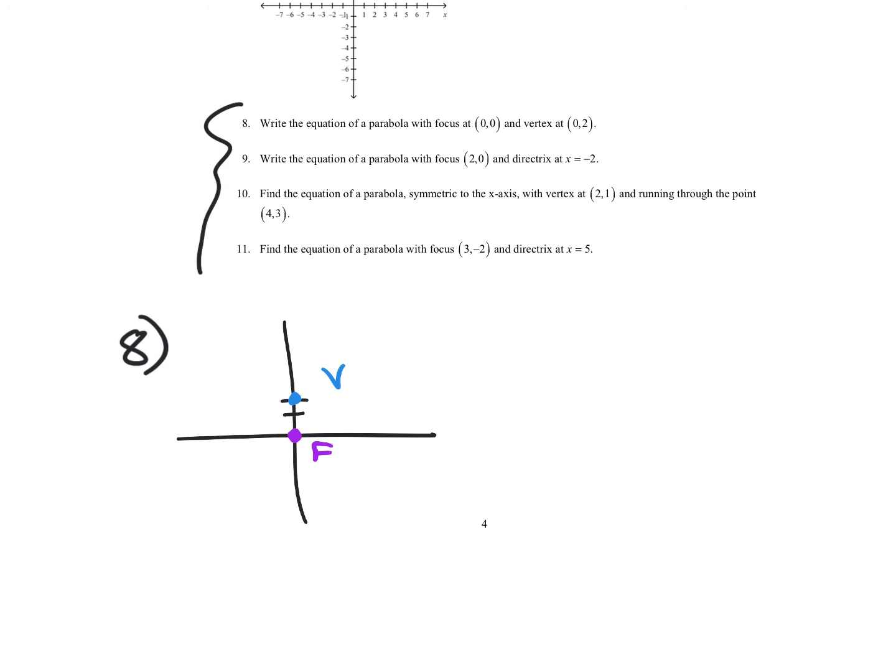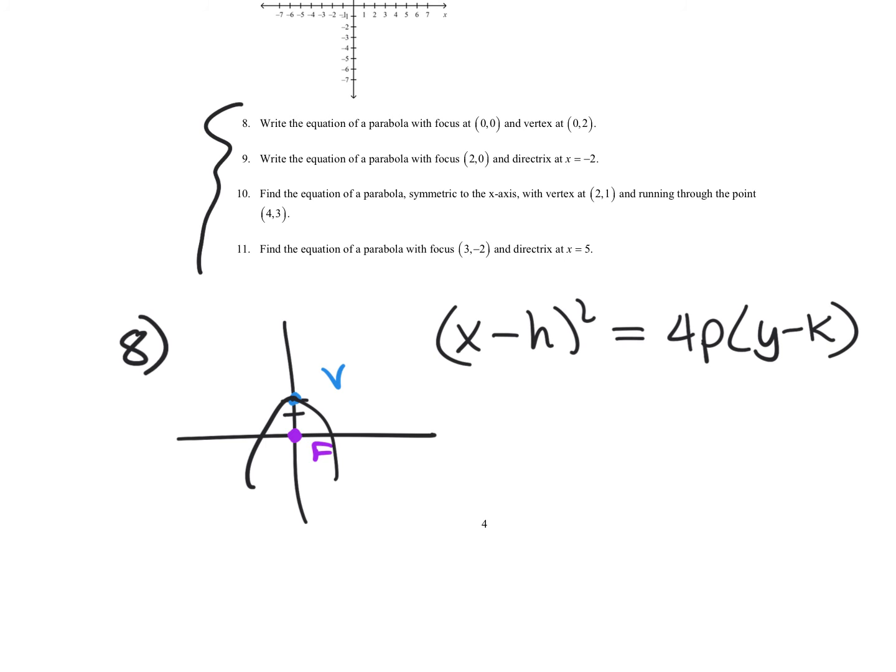Remember, the parabola always surrounds the focus. So this should be a clue that you're going to be using the equation for an up and down graph, x minus h squared, because the vertex is not at the origin, and then y minus k.